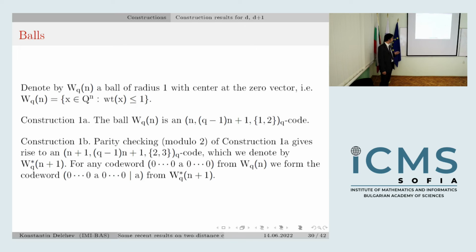First is the case of balls in Q^n. The ball itself is a code with two neighboring distances, but we can also add parity checking and again create such a code. Parity checking is generally a way of obtaining constructions of the type that we enjoy.